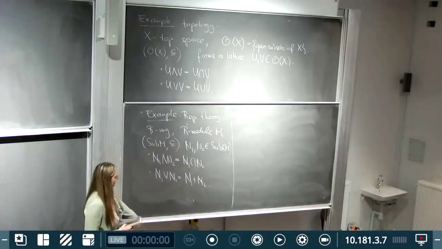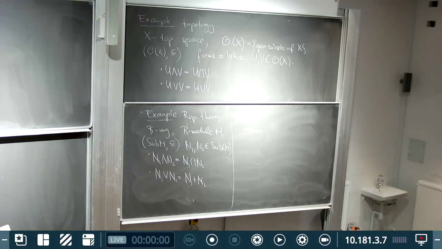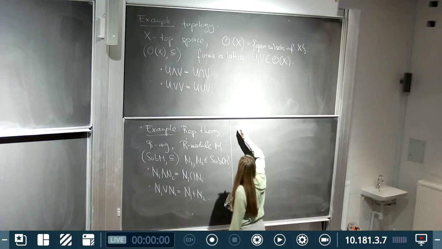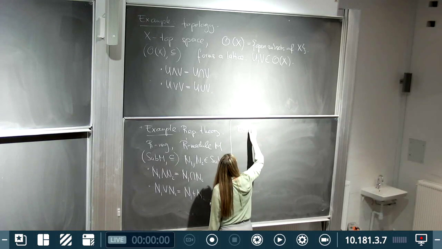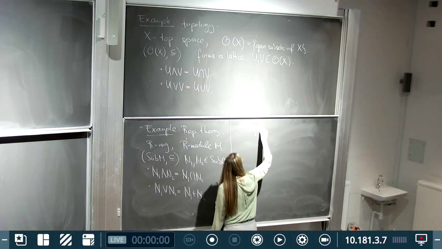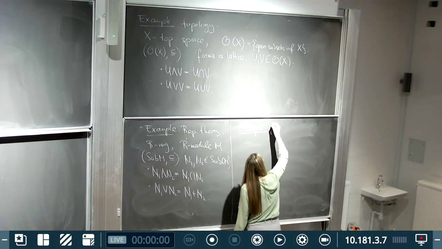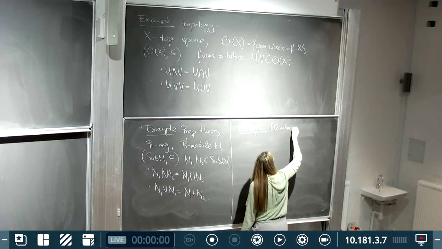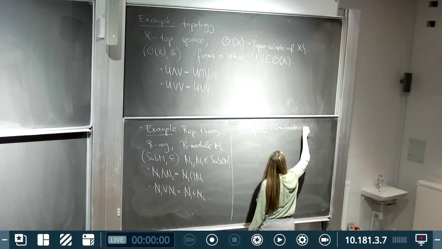Alright, good. Now we're going to give a final example. Maybe I try to abbreviate it a bit, but it's a cute one. It's going to show up again, so we're going to do it. That's an example from combinatorics.